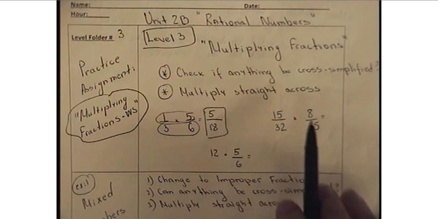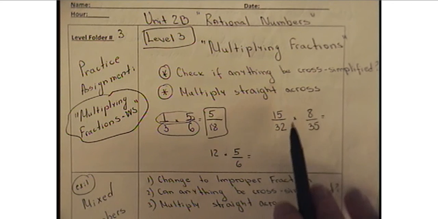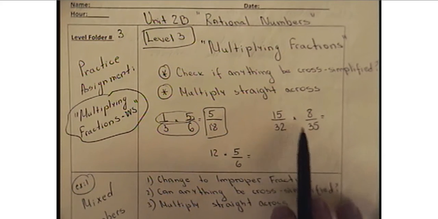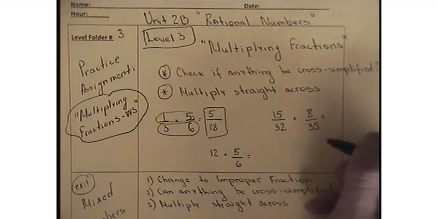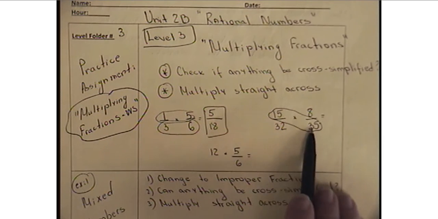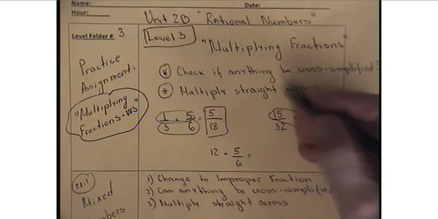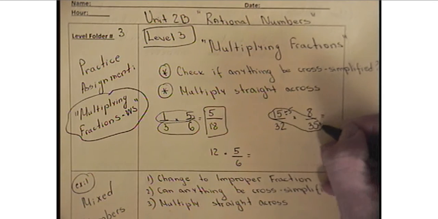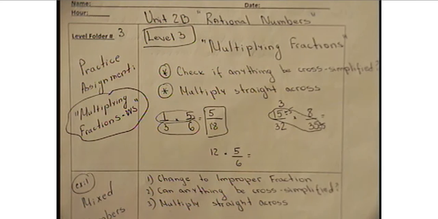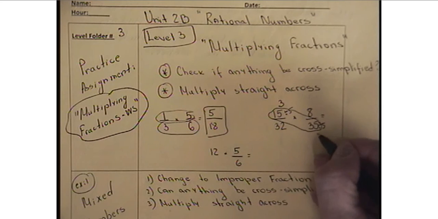Let's take a look at this one: 15/32 times 8/35. Now, those could be simplified. They are some big numbers, so let's first check those. We don't multiply, we want to simplify. Both 15 and 35 are divisible by 5. So 15 divided by 5 gives us 3 on the top, and 35 divided by 5 gives us 7.